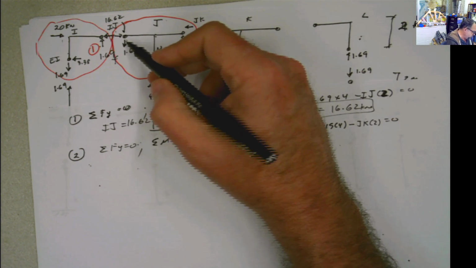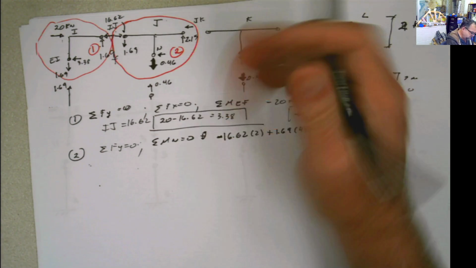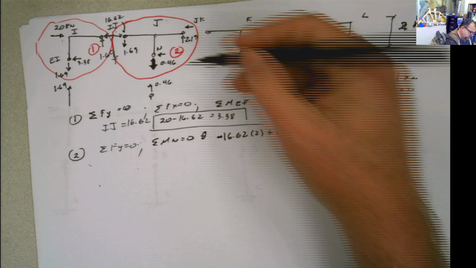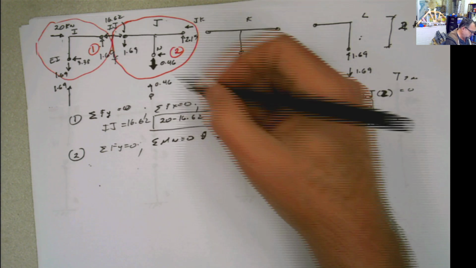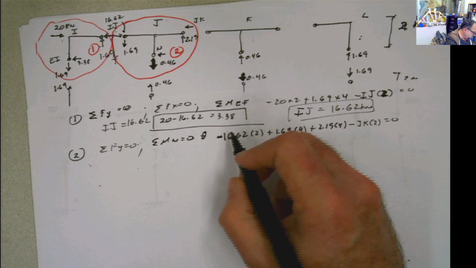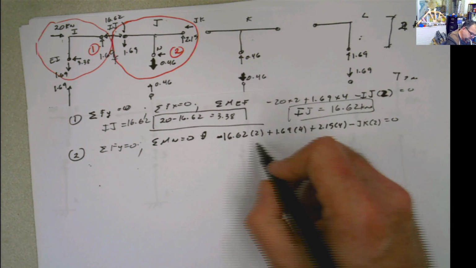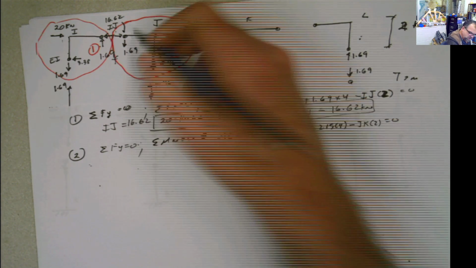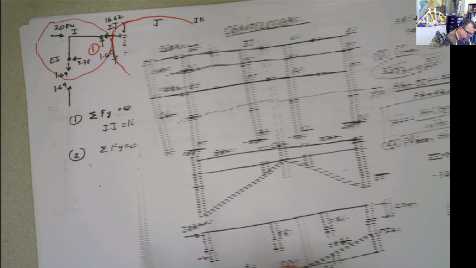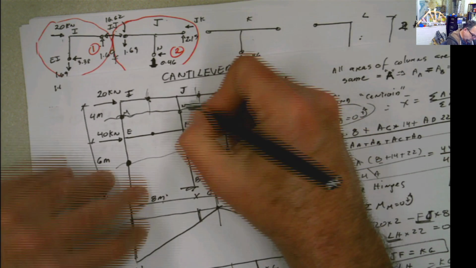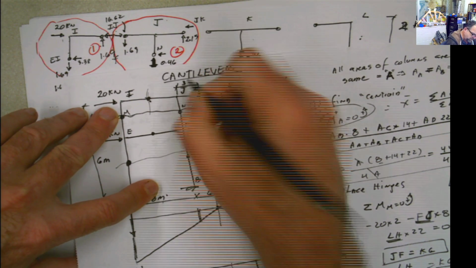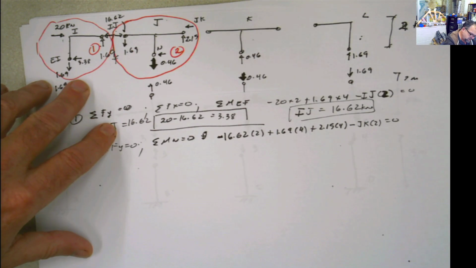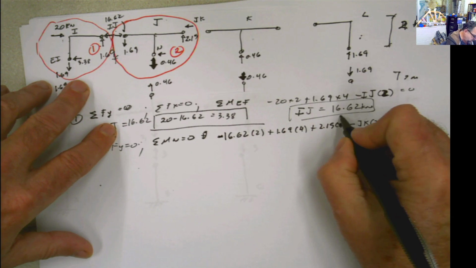16.62. This one times 2 negative plus 1.69 times 4. That's correct. Then you have 2.15 times 4. Why did I say 4? This is not 4. Oh, this is 3. Look at that. And the same thing can happen to you. That distance is 3. So this is going to be times 3.